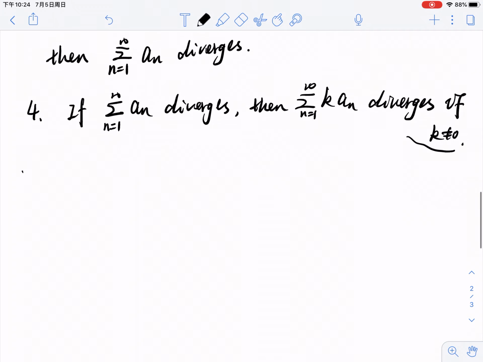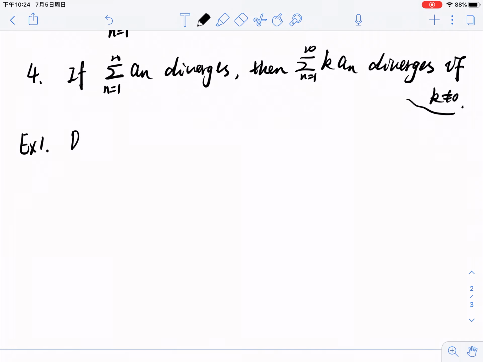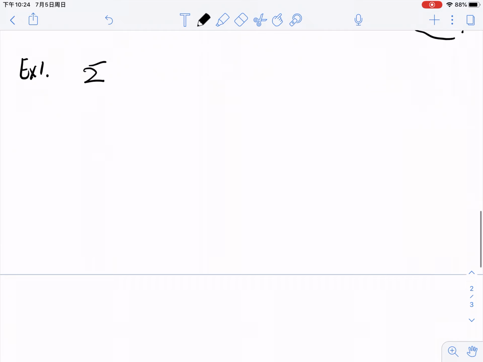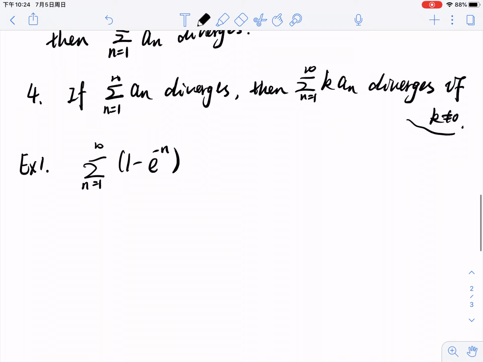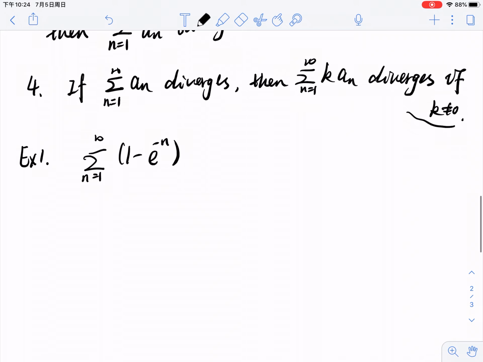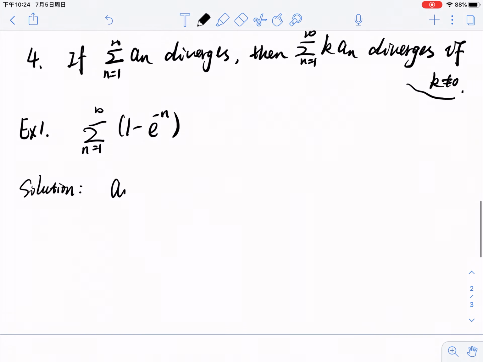Now we look at an example. We look at this series: the sum from n equals 1 to infinity of 1 minus e to the negative n. Determine whether this series is convergent or not. For this series, we have a_n is 1 minus e to the negative n.